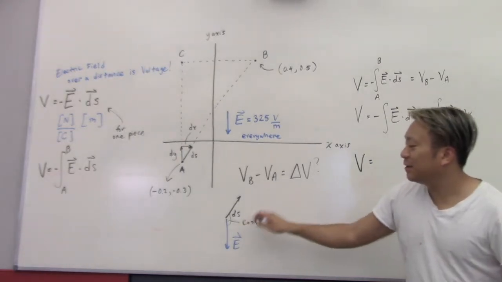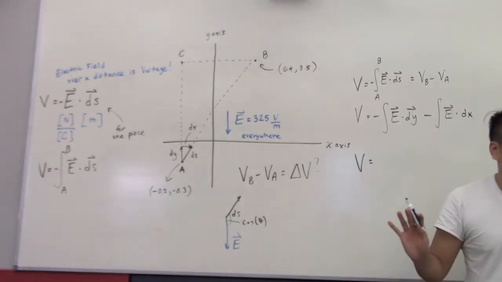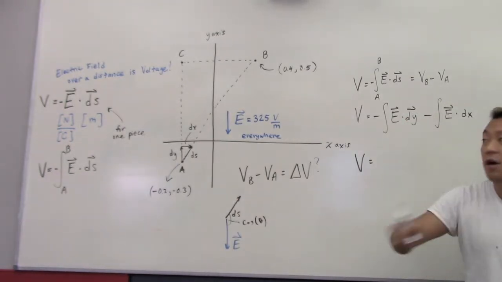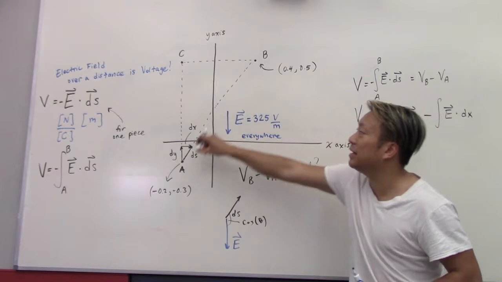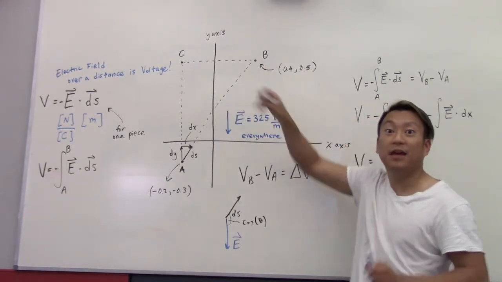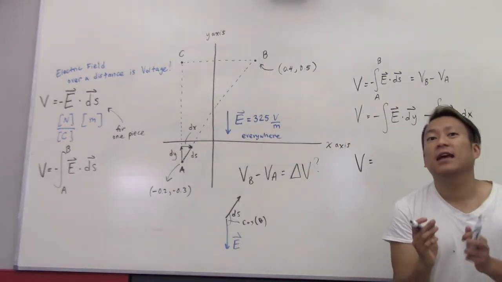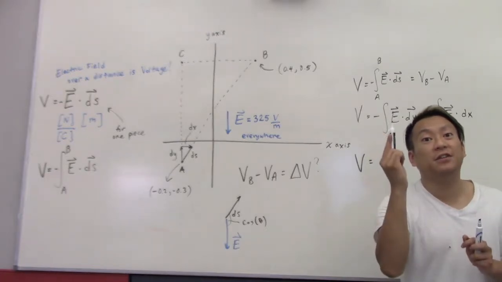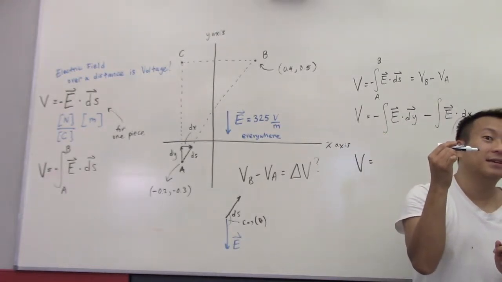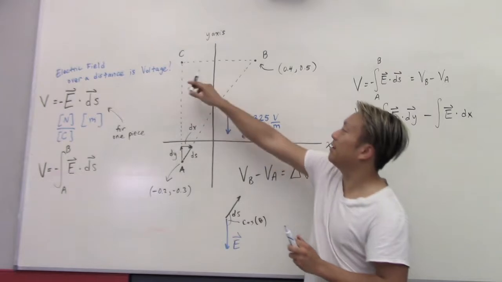But that would be a little more complicated, and you could get the same answer because you're integrating along the path ds. You're integrating along that diagonal path. However, it's the same thing if you were to integrate along the y first and then along the x. See? So integrate up and over.